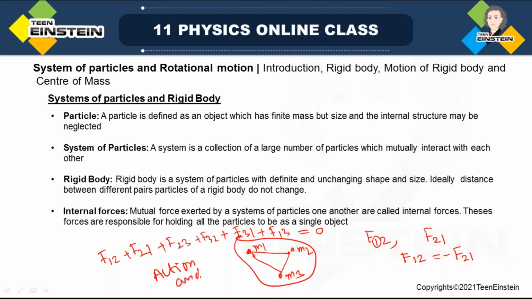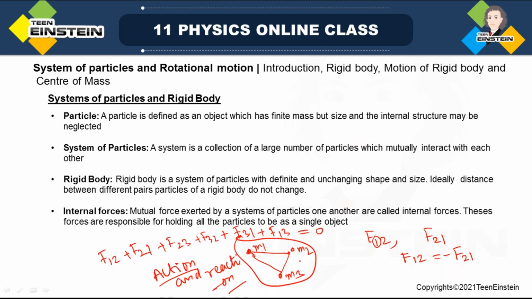We have somewhat discussed these while discussing Newton's third law of motion. So internal forces are mutual forces, somewhat action and reaction, and the sum of all the internal forces will be 0.